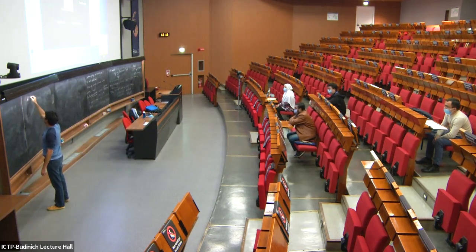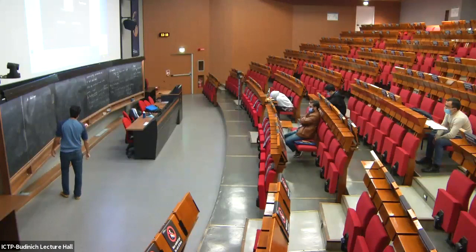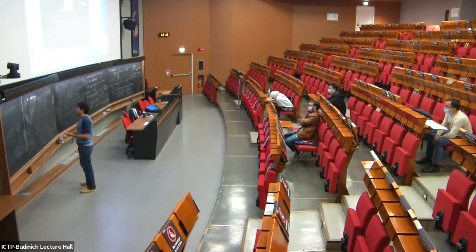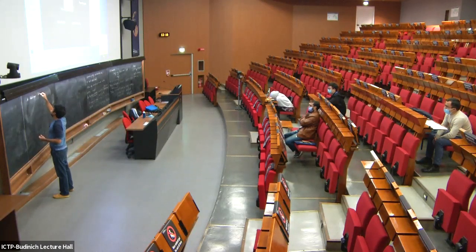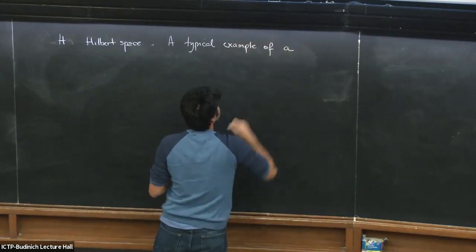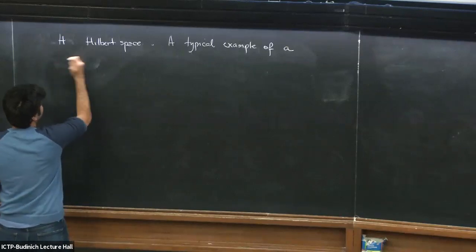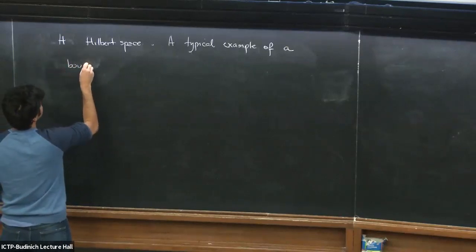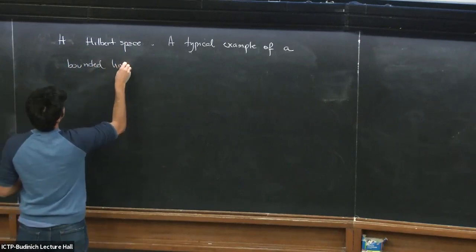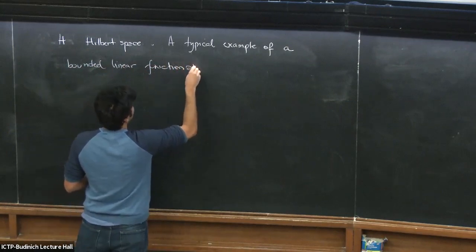So H is my Hilbert space. Can you give me a typical example of a bounded linear functional L?